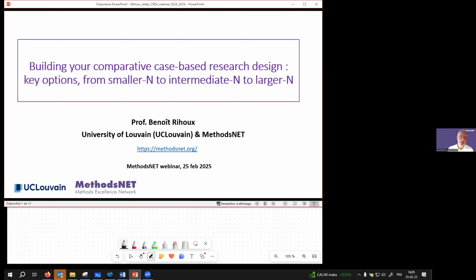My topic today is how to build your comparative case-based research design, which is a challenging enterprise because there are many ways you can do comparative case-based research. I'm going to navigate through multiple options and also a set of logical operations to build your comparative research project, whatever your discipline, whatever your substantive topic.